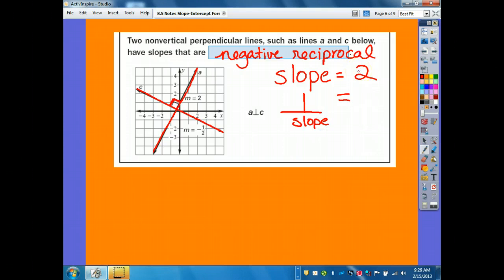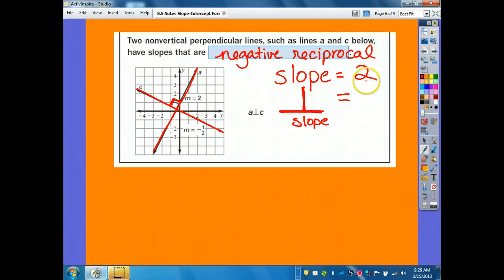It'd be a 2 if it was parallel. All right, now we're talking perpendicular. This is easy if you listen to this right now and don't space it out, because it's a simple thing. A negative reciprocal. You all know what a reciprocal is. A reciprocal is when you flip it over.